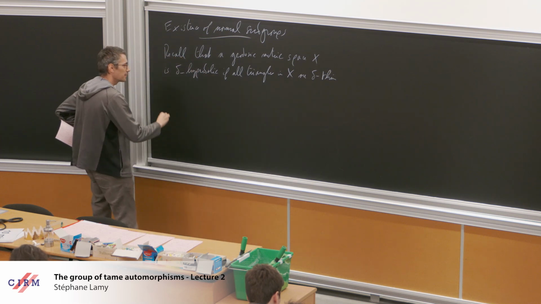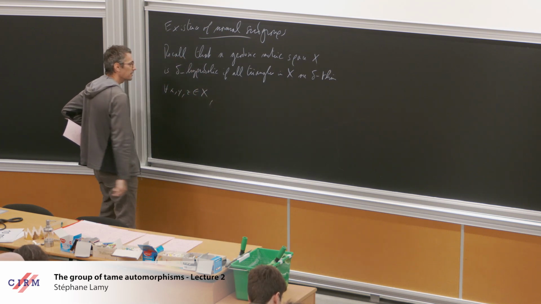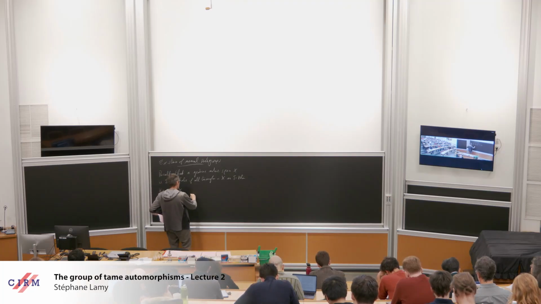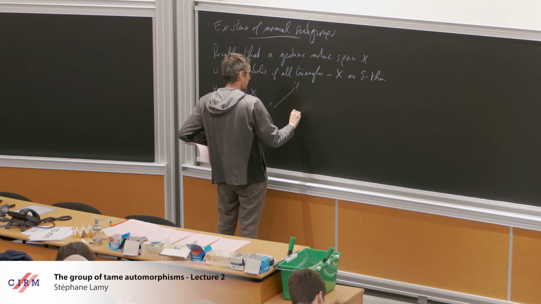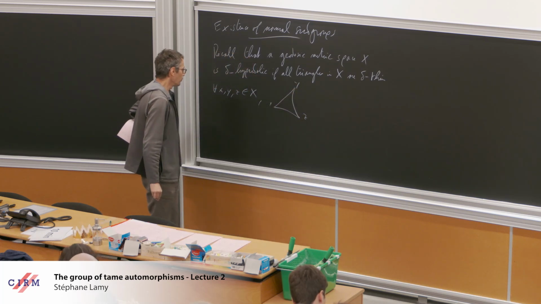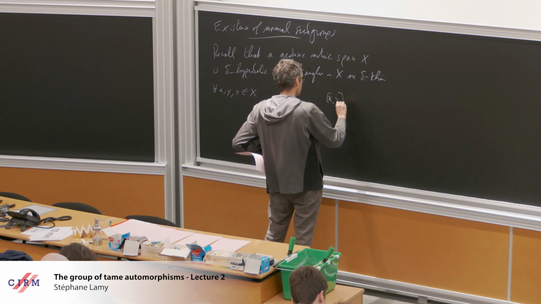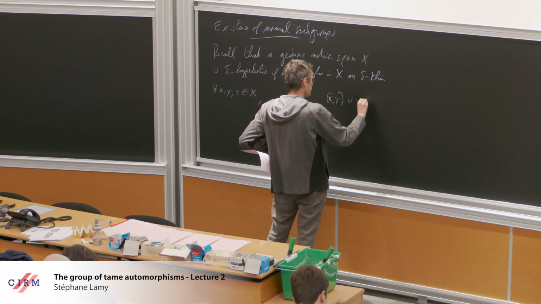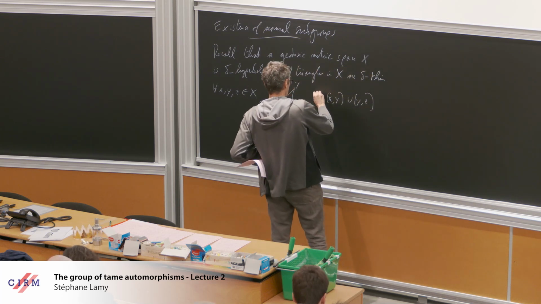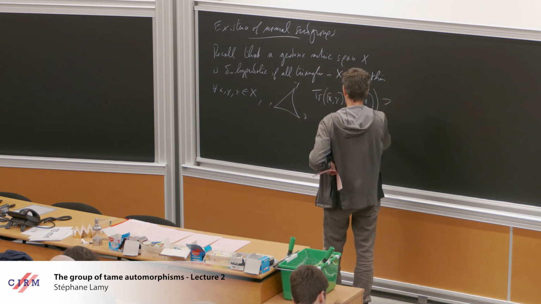Delta thin means that for x, y, z in X, you have geodesic segments between x, y, and z. You look at the union of the segments [x,y] and [y,z], you look at the delta neighborhood of that, and it should contain the third one.